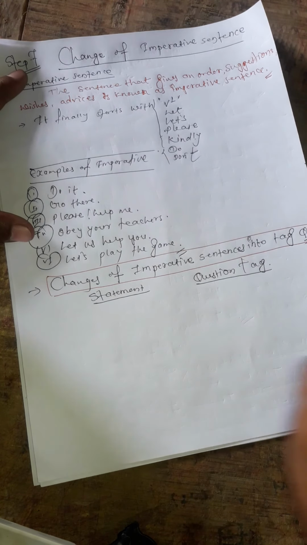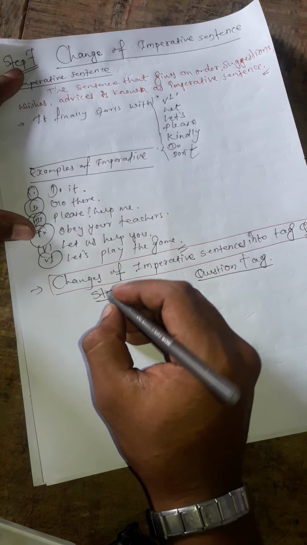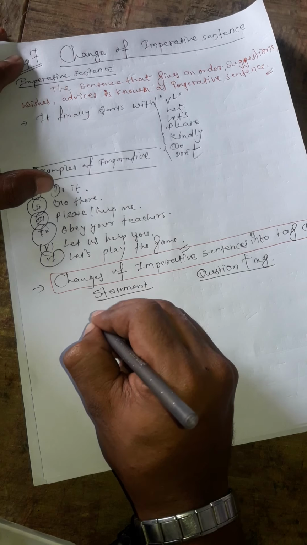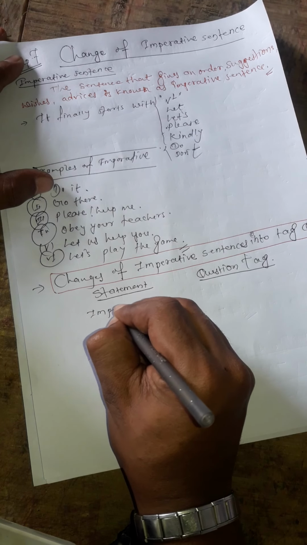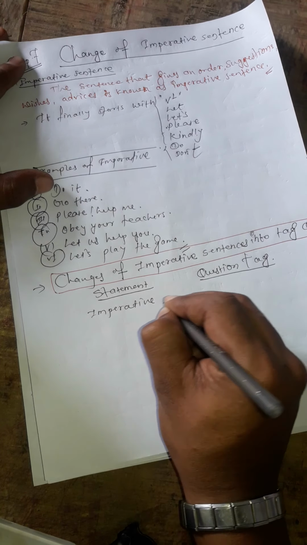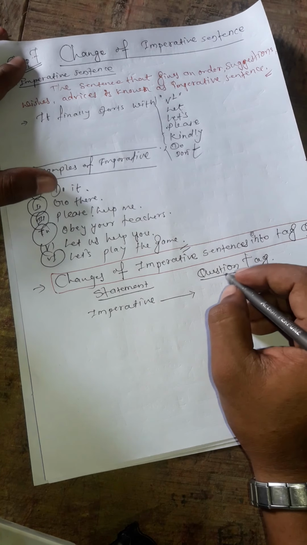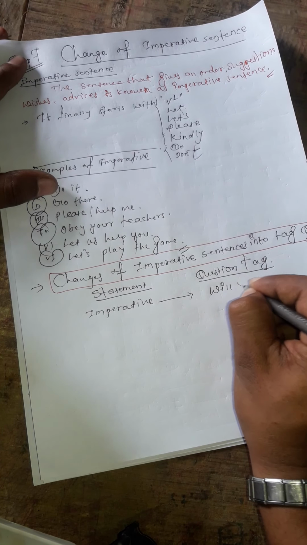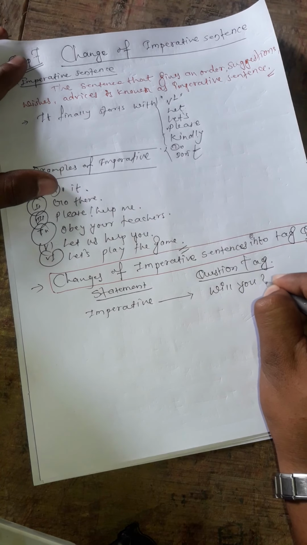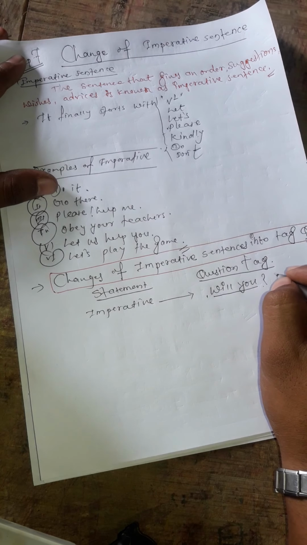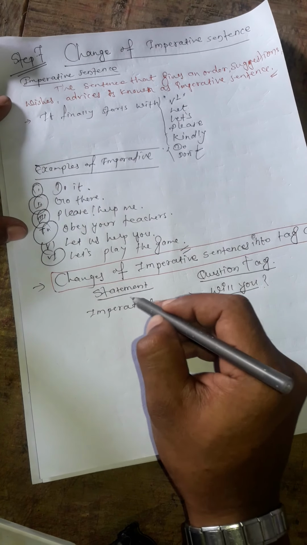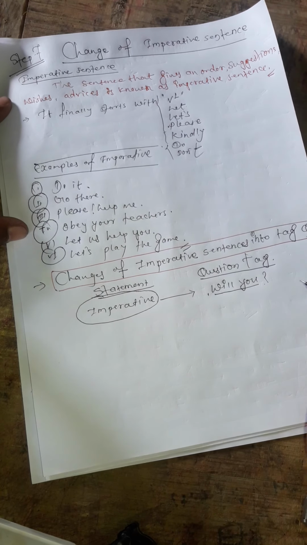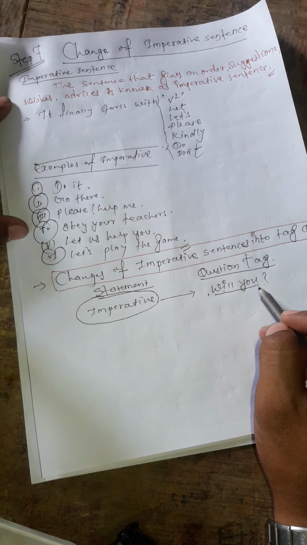Here is the statement and question tag. If the statement is imperative or started with verb 1, we use will you. The subject doesn't matter in this format. If the given statement is imperative, it is changed into will you.